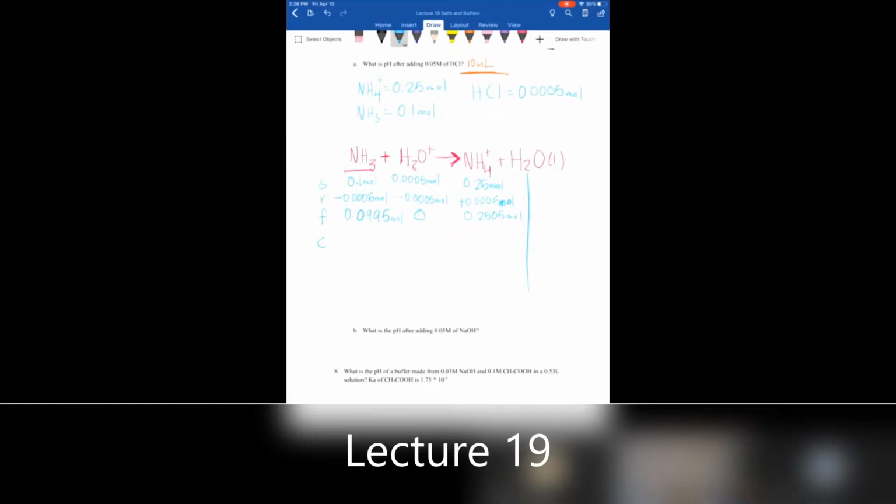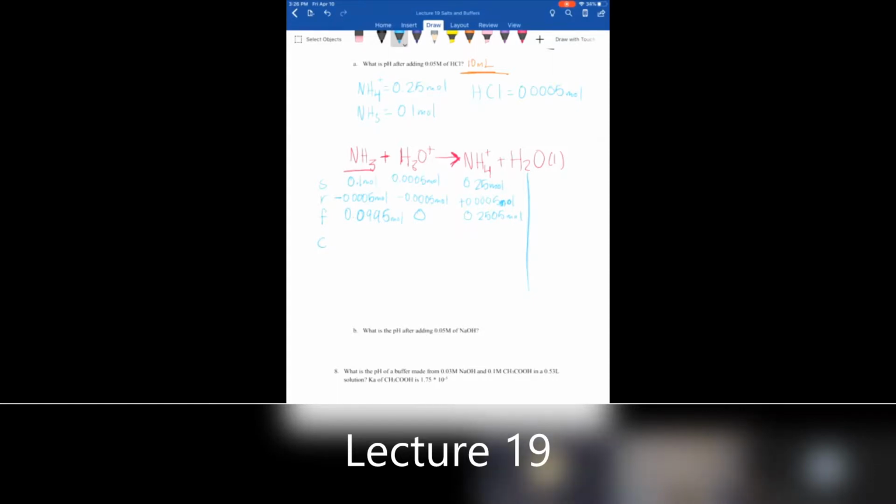Okay, so how do you find your new concentration? You would set it equal to the Ka value.